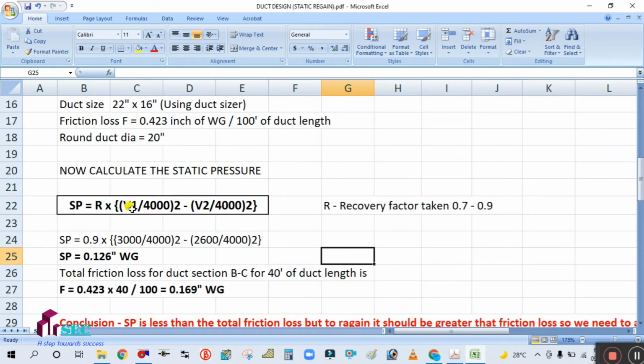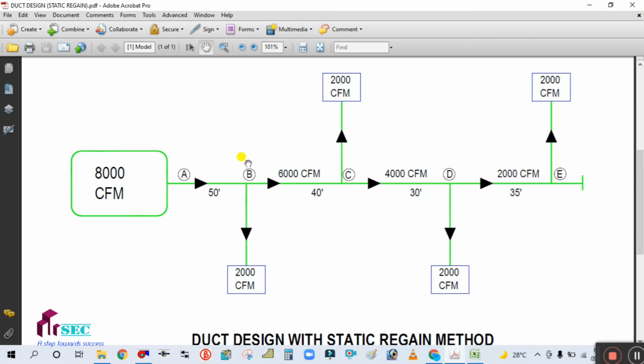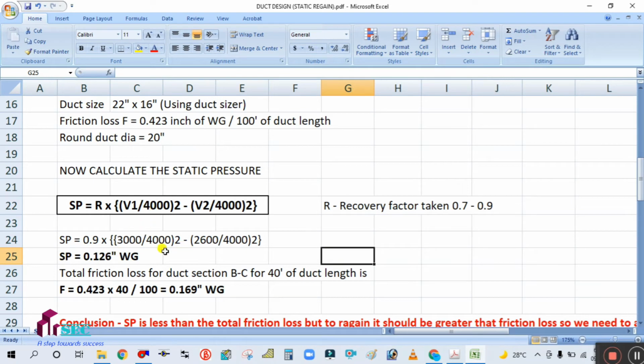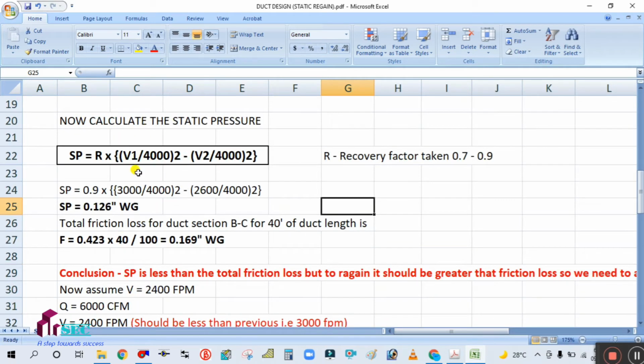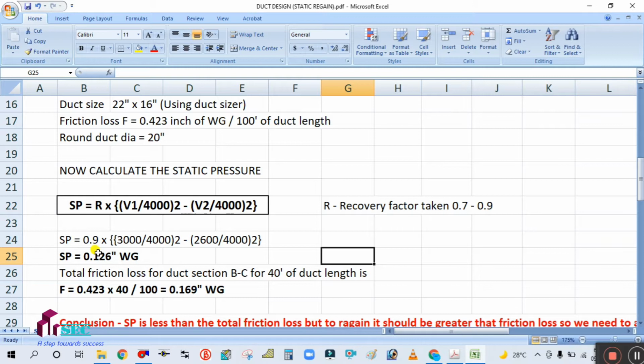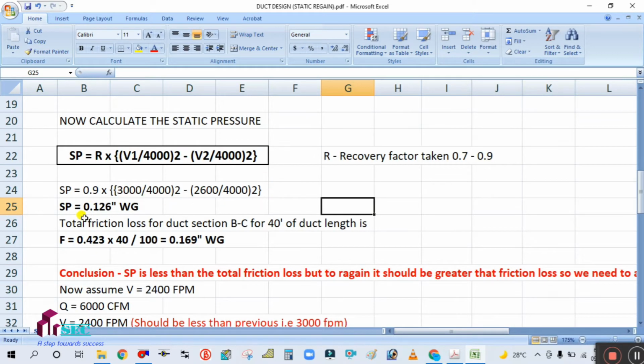V1 is the velocity of the previous duct, since the static regain will start from B to C. The velocity of duct A to B was 3000 feet per minute, and for B to C the velocity is 2600 feet per minute. Putting these two values in this formula, you get 0.126 inches of water gauge.